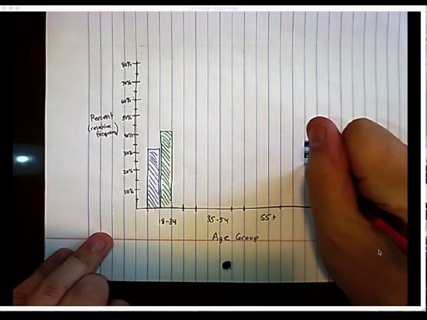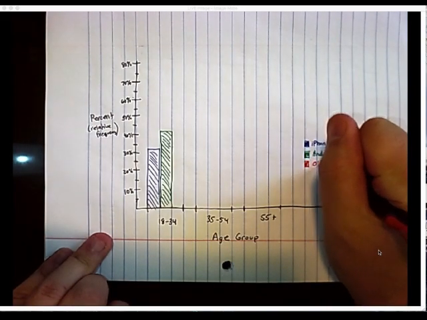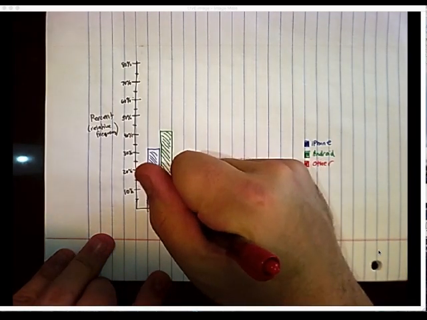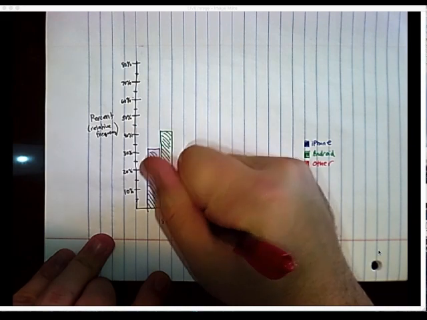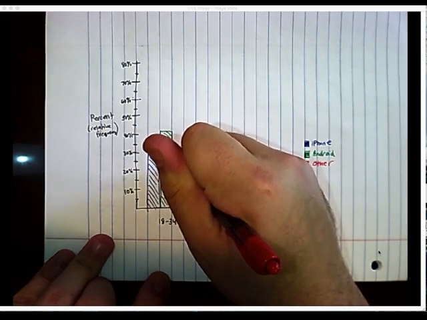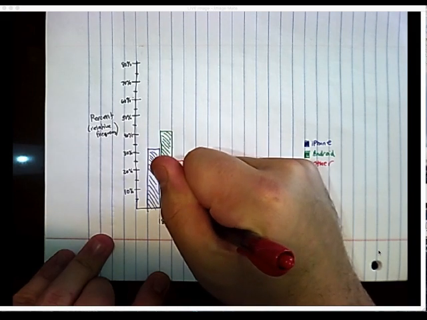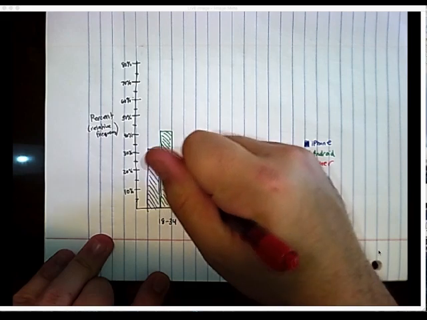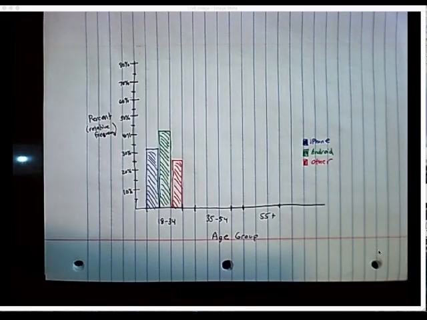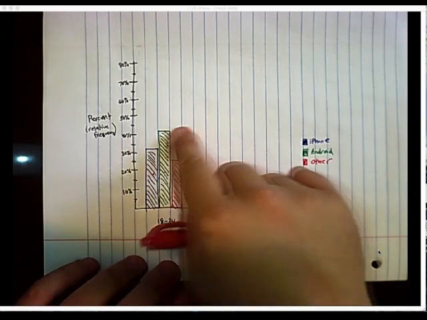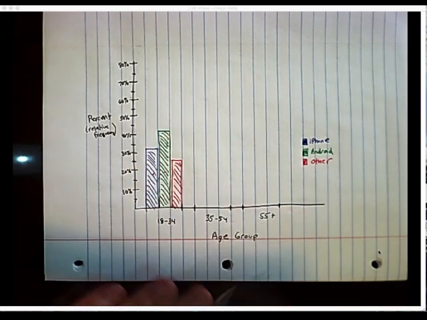And in red, I'm going to do other, and that's 25.92 in the 18 to 34-year-olds. So 25.92, that might be about right there. These three bars add up to 100% because they make up 100% of the 18 to 34-year-olds.